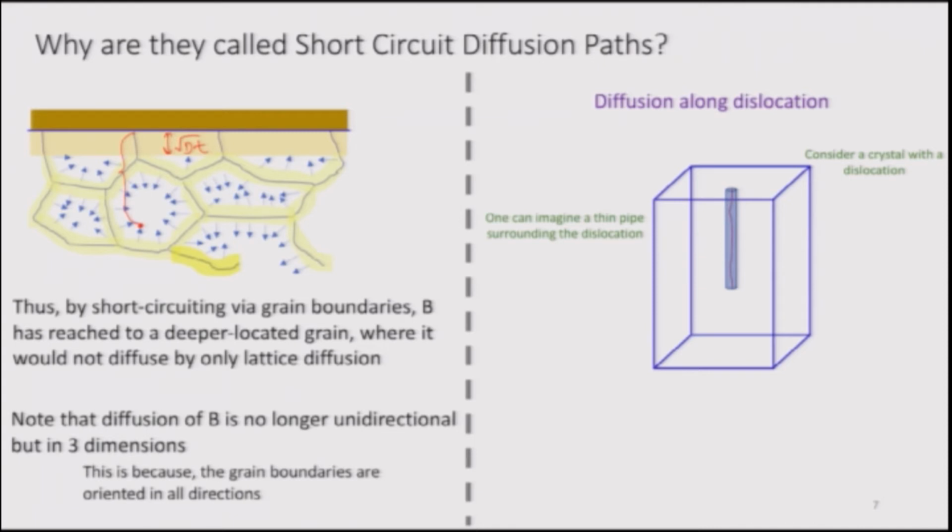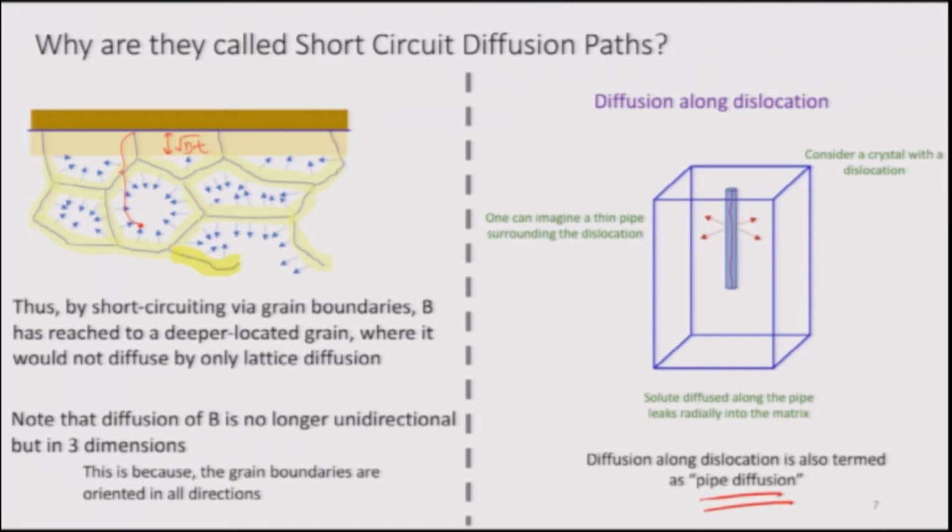From this pipe, the diffusion would then spread radially into the lattice, causing a short circuit diffusion path. Because of this pipe analogy which is usually given, diffusion along dislocation is also referred to as pipe diffusion.